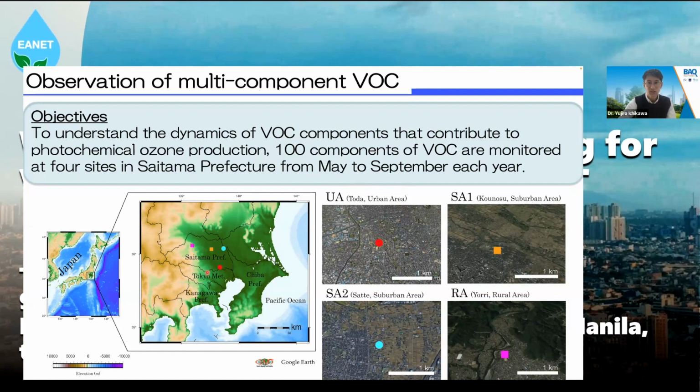It's adjacent, and the four observation sites include one urban area, which will be denoted as UA, and two suburban areas, which will be denoted as SA1 and SA2, and one rural area denoted as RA.